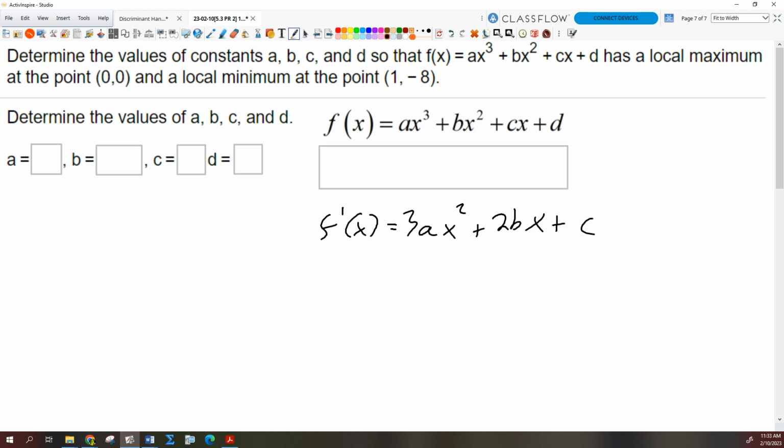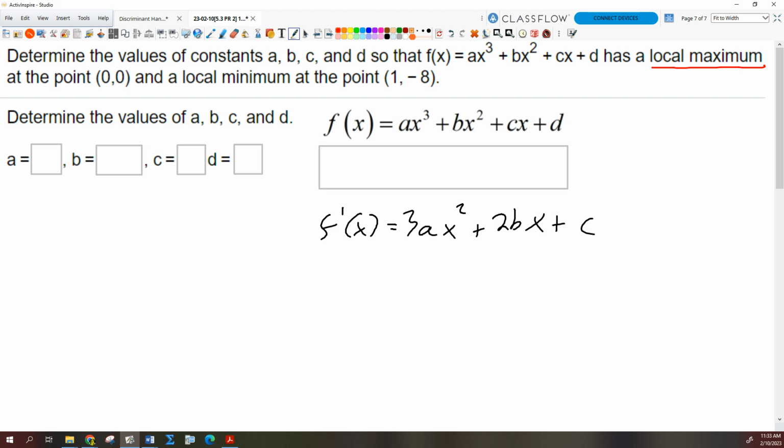We have extrema, right? The only way that can happen is at a critical number where the derivative is zero or undefined. But this is a polynomial, so is the derivative ever undefined? No. So we know that this point right here is a local maximum. So when x is 0, what has to be true for the derivative? It has to be 0, right?